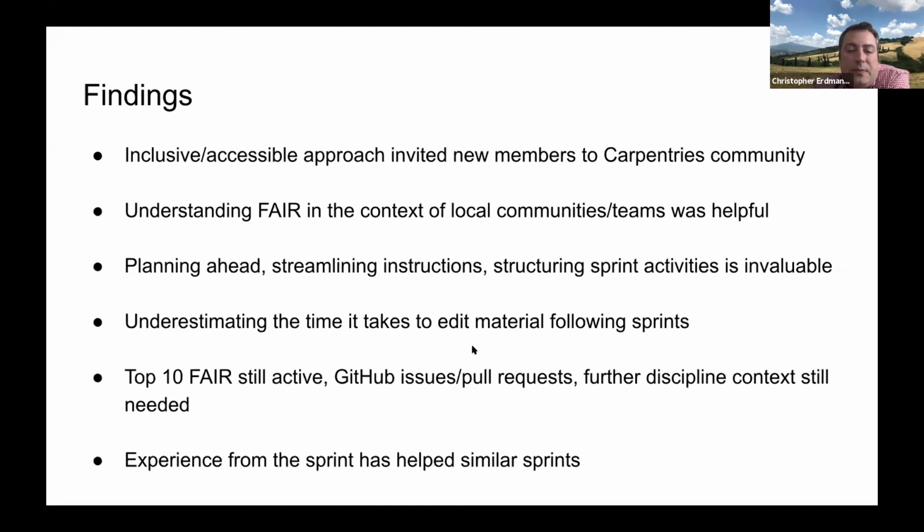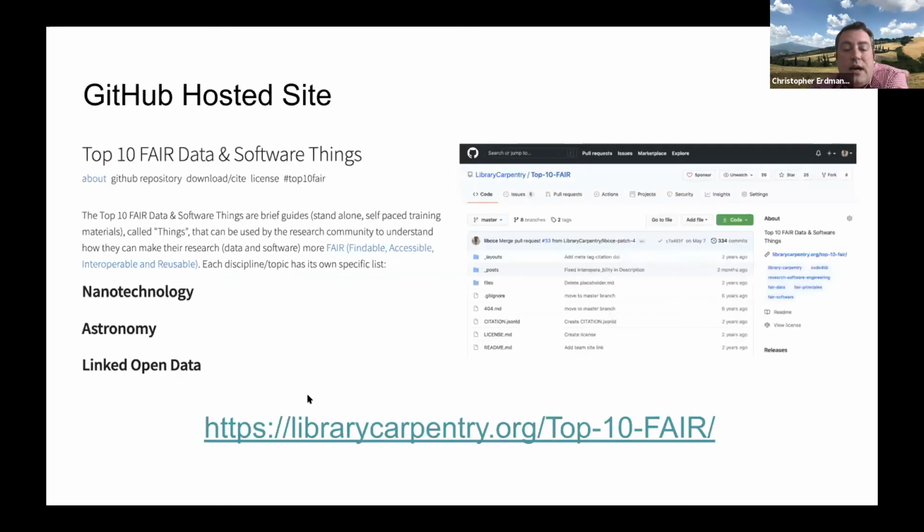And the experience from the sprint helped other sprints. The lessons we learned have, at least in some cases, been shared with other groups. Recently there was a FAIR handbook sprint, and I spoke with that group initially about how to run their sprint. So I mention again, this is a living resource.